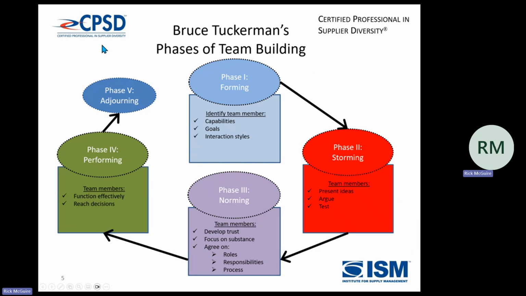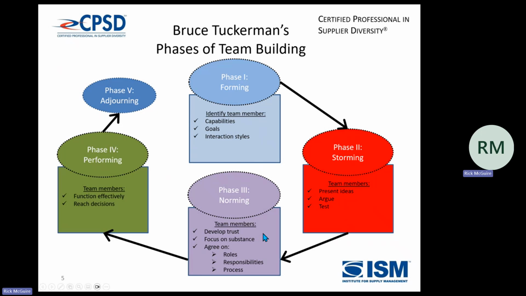So we have Bruce Tuckman here, and he has 5 phases of team building. Phase 1, you identify the team members. It's called the forming phase. Look at goals, interaction styles. Phase 2 is called the storming phase. Team members present ideas and argue and test and try to gain dominance, some of them.